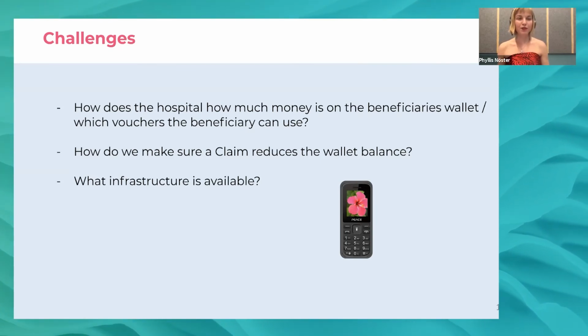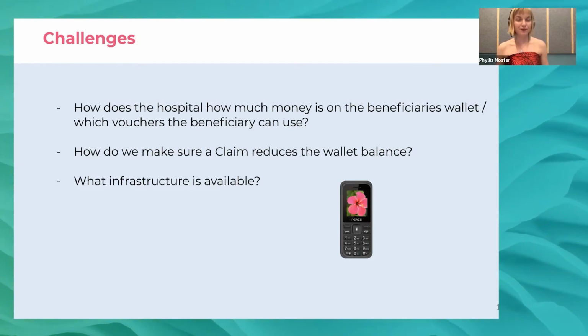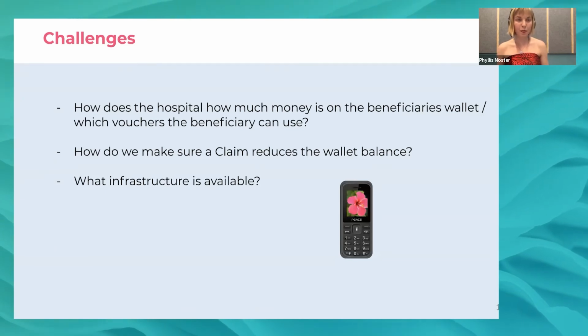And there's a couple of challenges we found with that. So one of them is that when a beneficiary goes to a healthcare provider in order to file a claim, how can the hospital know how much money the beneficiary has? And how do they know which vouchers the beneficiary can actually use?